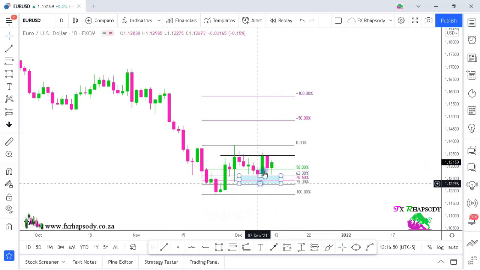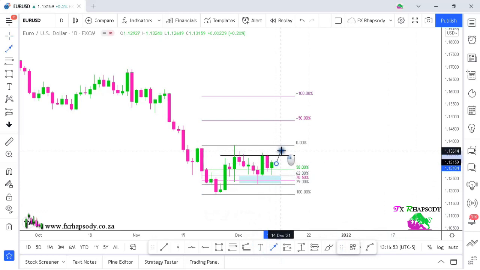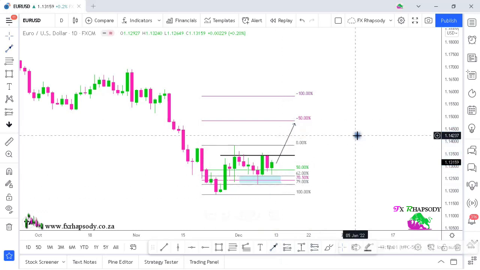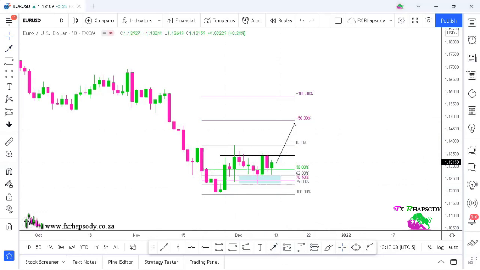Once price breaks this key area of resistance, then we can expect price to maybe move to the upside, and that is when, as we looked at on the weekly time frame, we're going to see price moving up.